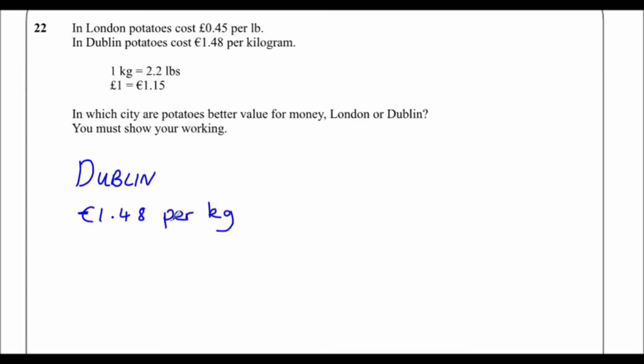pounds per pound. So to change from kilograms to pounds, so 1 kilogram is 2.2 pounds. So it's 1.48 for 2.2 pounds. So to find out what 1 pound is, we're going to divide by 2.2.